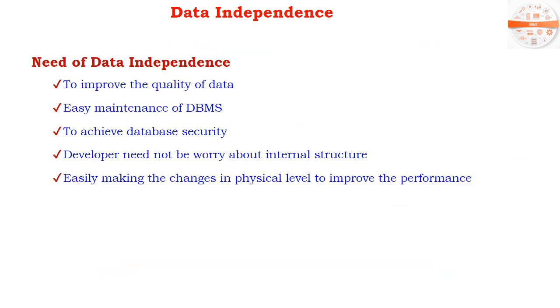Need of data independence: to improve the quality of data, easy maintenance of the database system, to achieve database security. The developer need not worry about the internal structure, and can easily make changes at the physical level to improve performance.